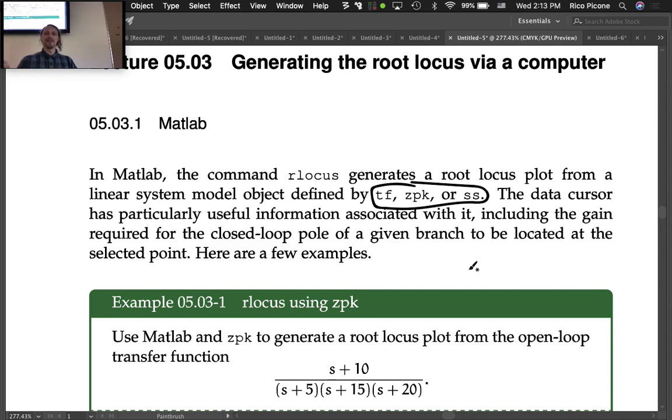And then it just plots where those poles are. So there's a point, and then it does the next one, there's the next point, and the next one. So it knows what gain is associated with each of those points because it used some gain to generate the point. So it's really easy to have it say, this point on the root locus was generated using this gain. So it's pretty nice. Great.